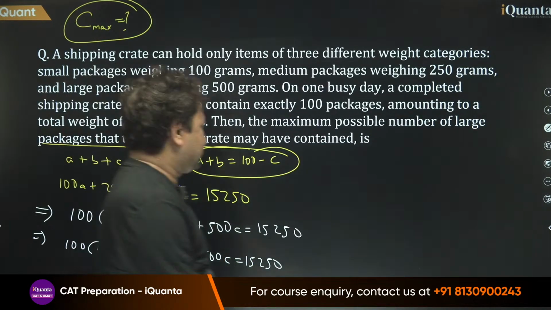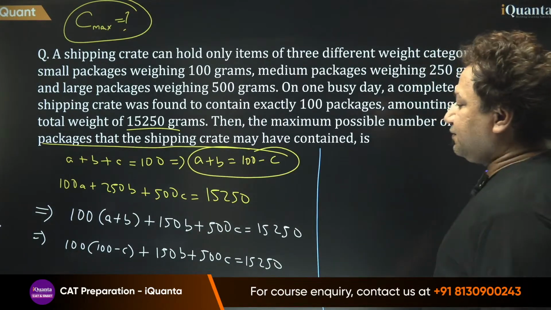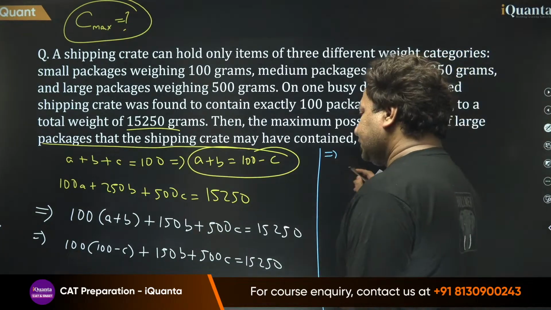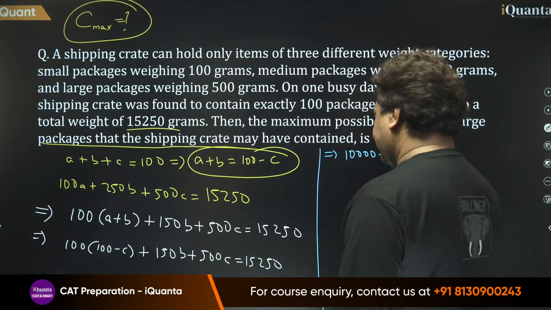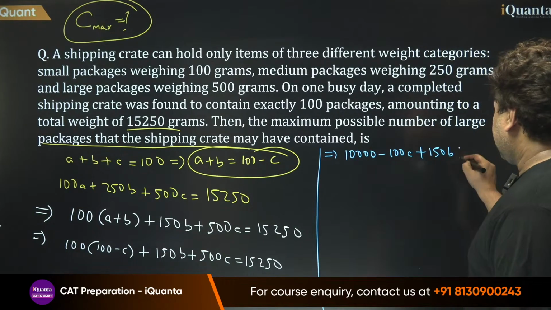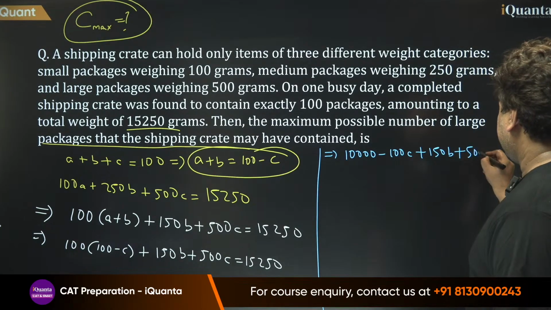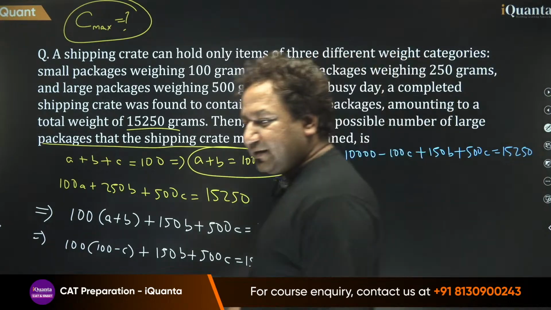Nice, this is so much fun. Now what will we do? 10,000 minus 100c plus 150b plus 500c is equal to 15250. All right.